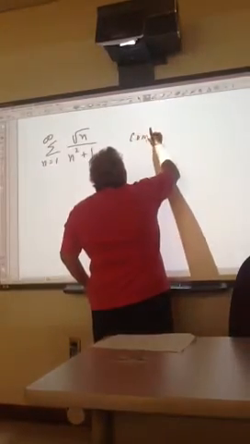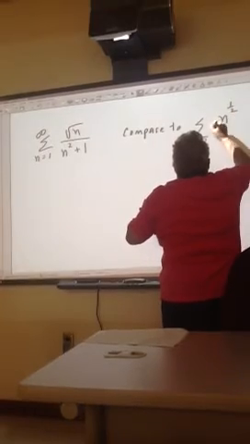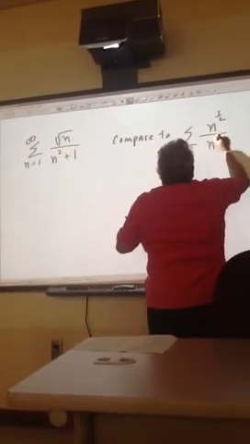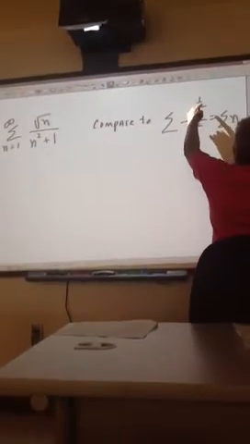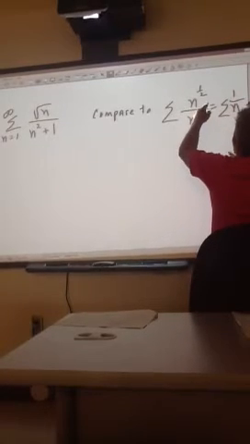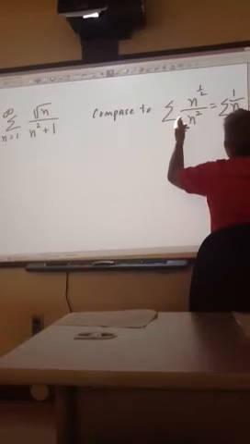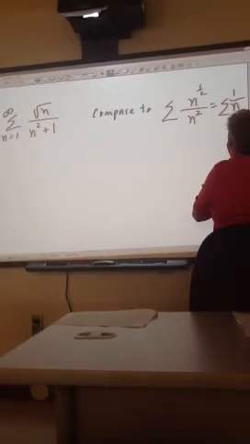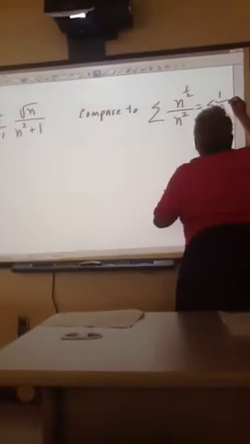What we're going to do is try to compare to, take the highest power in the top and the highest power in the bottom. So that's 1 over n to the 4/2 minus 1/2, which is 3/2.